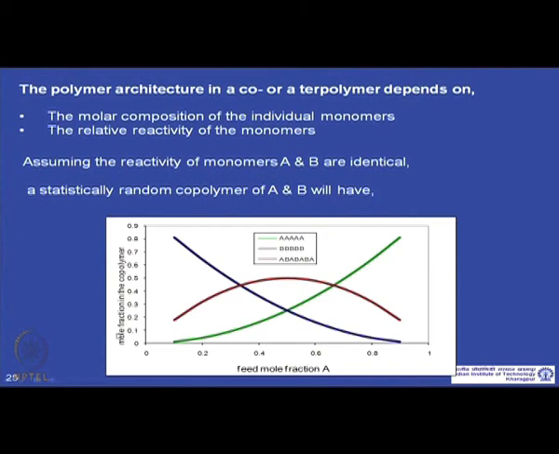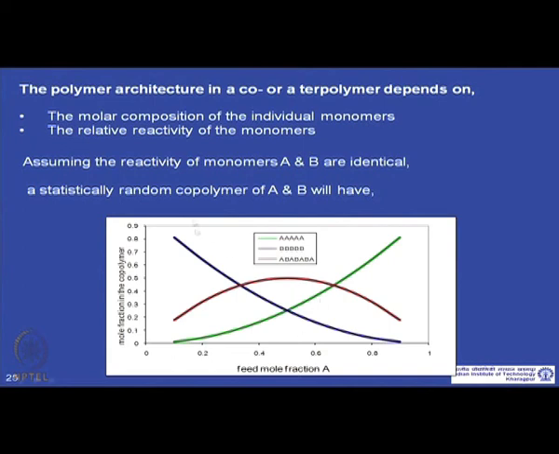This chart is a statistical way of presenting the expected mole fraction of the types of linkages in the copolymer against the composition. In this case, if we have a 50-50 composition of A and B, so our mole fraction was 0.5, then the AA block would be 25%, the BB block would be 25%, and the alternating AB block will be 50%.